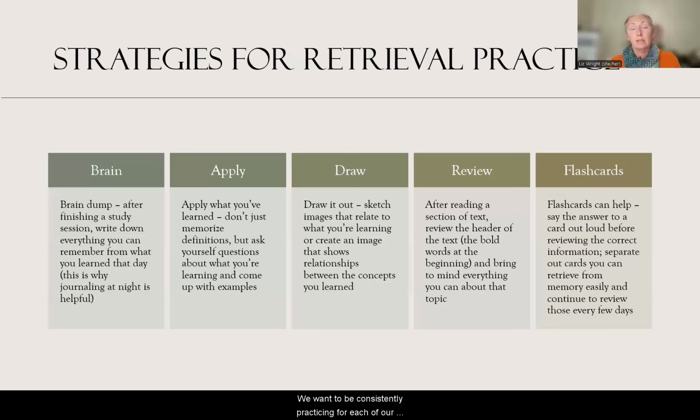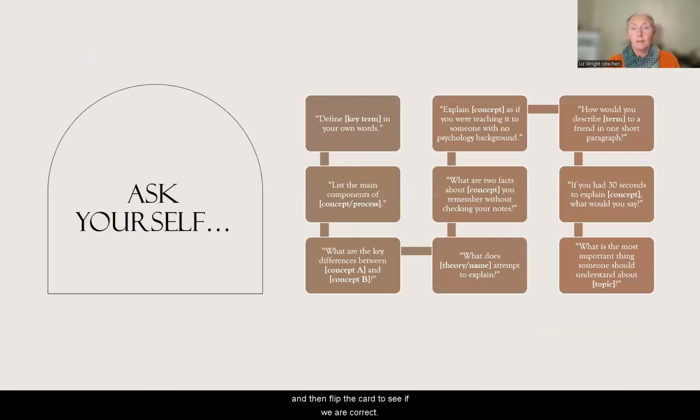We want to be consistently practicing for each of our classes every single day, even if it's 5 to 10 minutes for every class that we're taking. Okay. So with flashcards, remember it's not just look, look, move on to the next one, but it's look, answer the question, give the definition of the term, say that out loud, and then flip the card to see if we are correct.